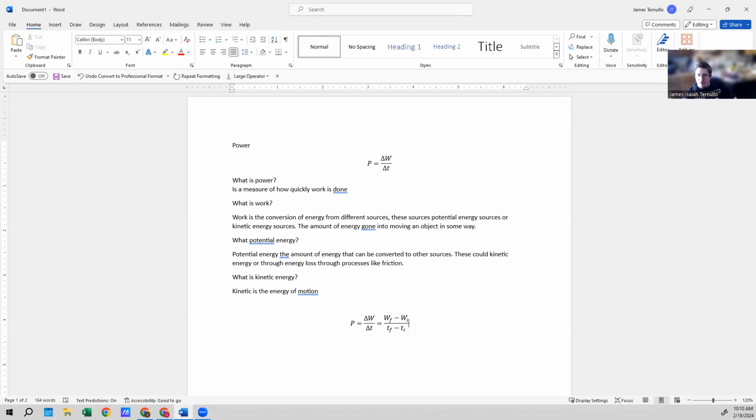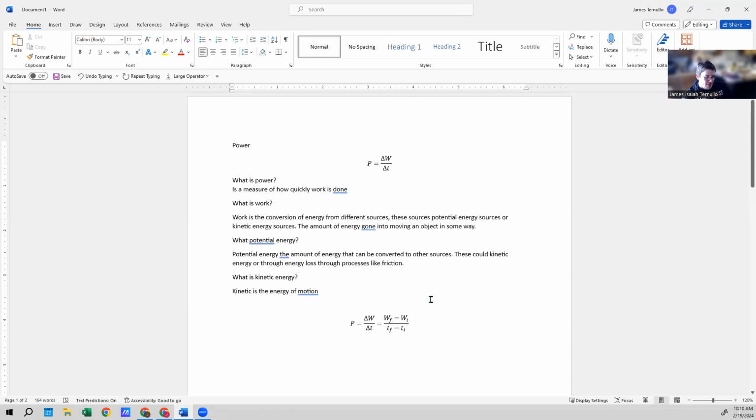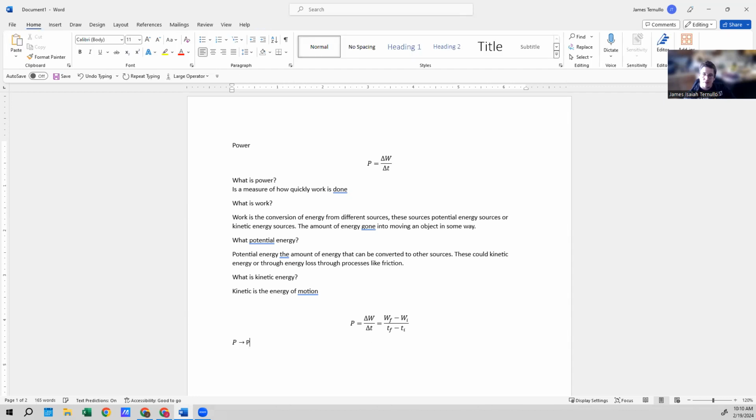Okay, so let's go ahead and define these things so that way we are thorough. P is power. It has units of joules per second.